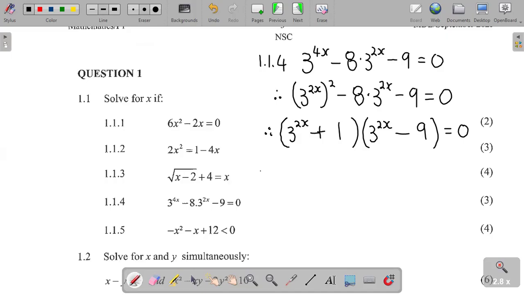So this means that, therefore, 3 to the power 2x equals negative 1, or 3 to the power 2x equals 9. So is 3 to the power 2x equal to 3 to the power 2, okay?